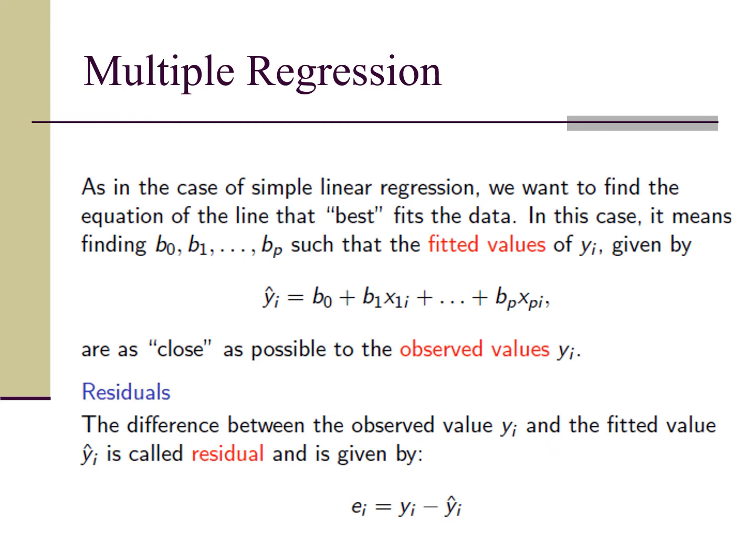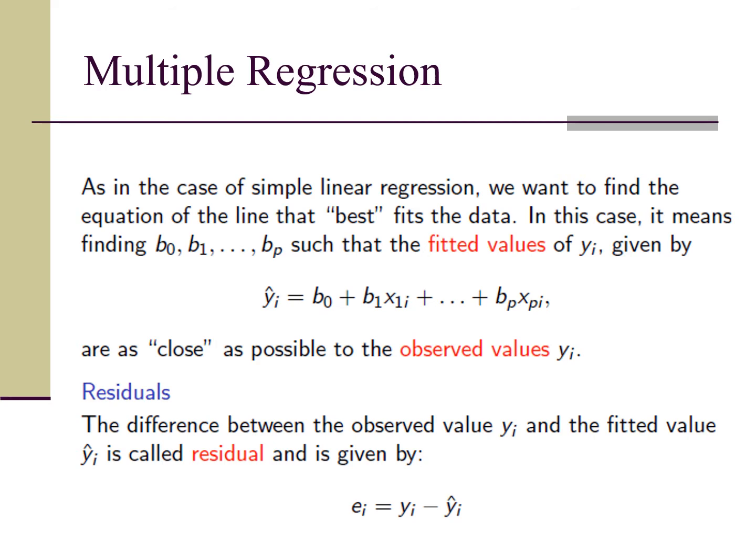So as with the simpler linear regression, we want to find the equation that best fits the data. In this case, it means finding beta 0, beta 1, through beta p such that the fitted values of y, y hat sub i, the estimate for the ith case, equal that whole equation.